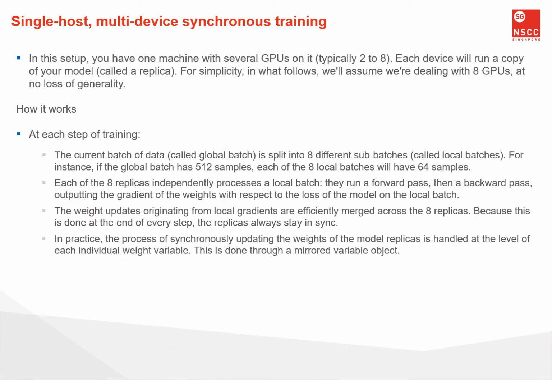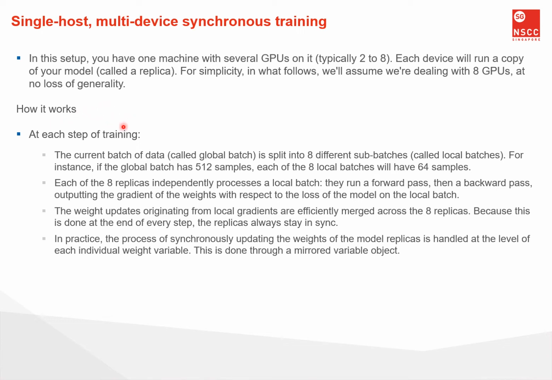So a single host multi-device or multi-GPU synchronous training. In this setup, you have one machine with several GPUs on it, typically 2 to 8. Each device will run a copy of your model called the replica. For simplicity, in what follows, we are assuming that we are dealing with 8 GPUs with no loss of generality. Here's how it works.